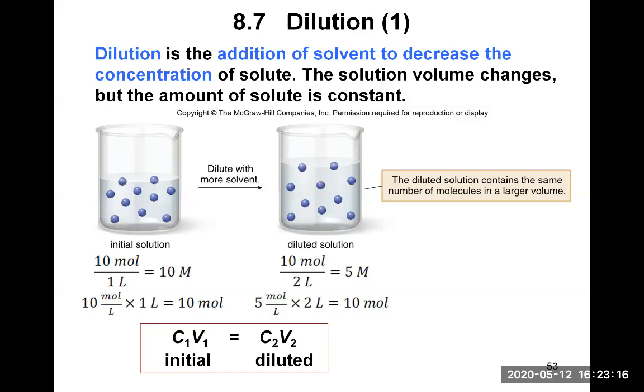When you multiply concentration by volume, it's equal to the number of moles of solute. So C2V2 is the number of moles of solute in the diluted solution, and it's equal to the number of moles of solute in the initial solution. This equation, C1V1 equals C2V2, is called the dilution equation or formula. It's very useful, and it's in your reference packet if you forget it.